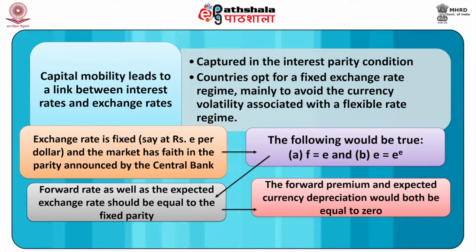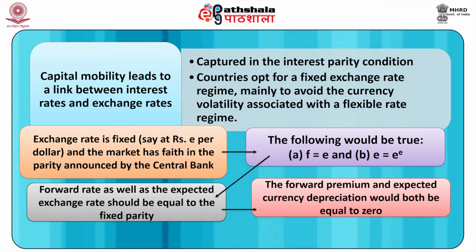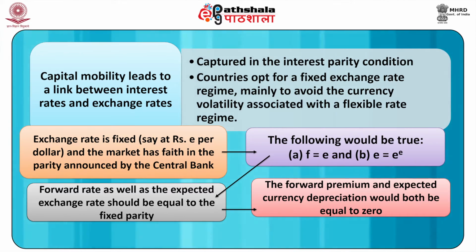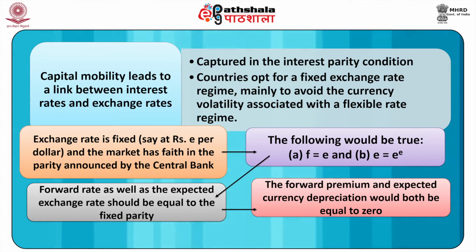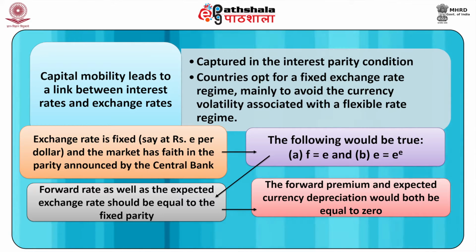In many cases, countries opt for a fixed exchange rate regime mainly to avoid the currency volatility associated with a flexible rate regime. Given unrestricted capital flows and a fixed exchange rate, let us see what is implied by the interest parity condition.